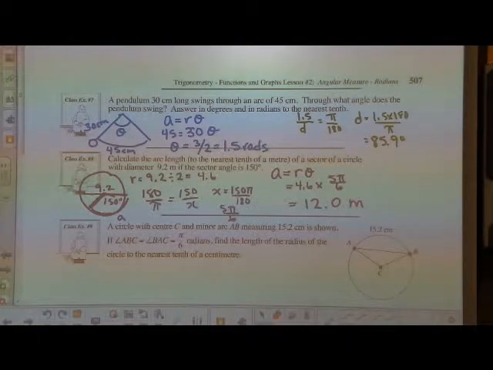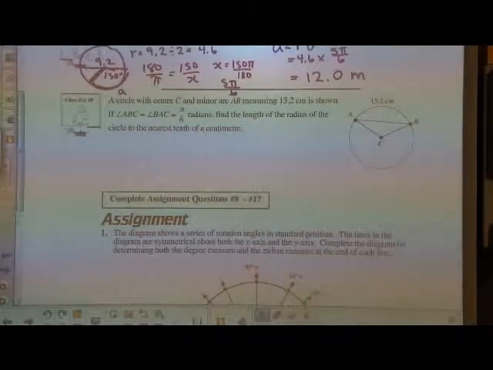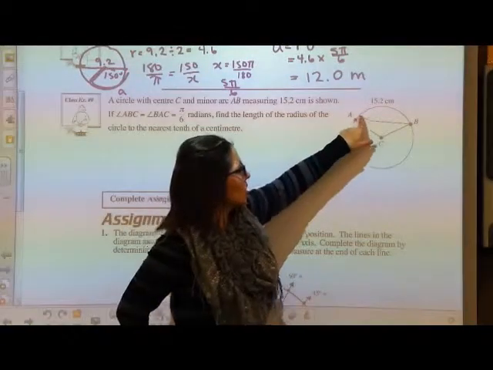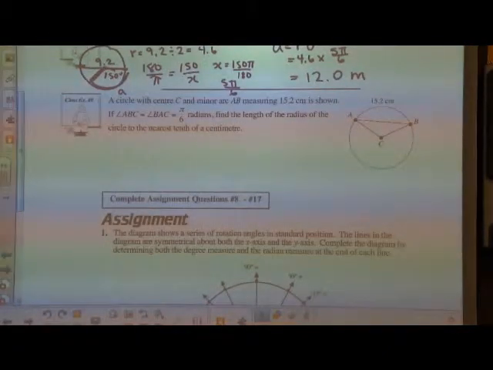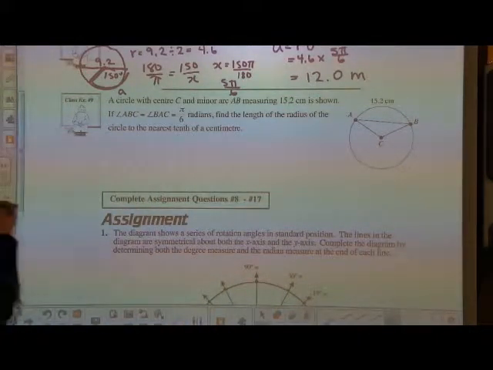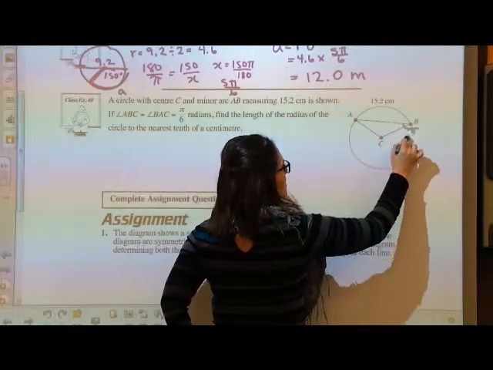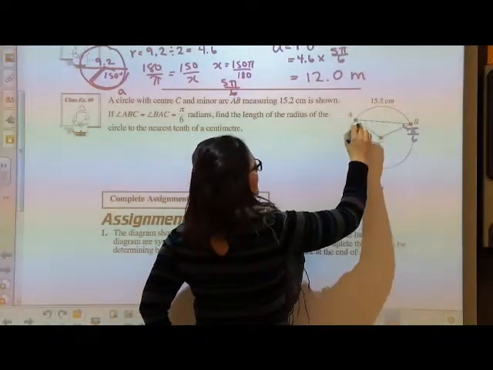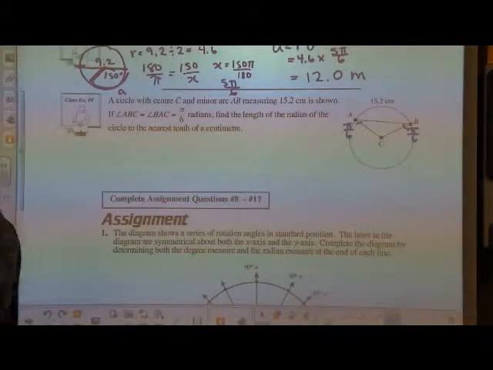Okay? So let's look at class example number 9. I have a circle with center C and a minor arc AB measuring 15.2 centimeters. So the minor arc is the shorter of the two. If angle ABC is equal to angle BAC and they're both pi over 6 radians, the question is, what is the length of the radius?